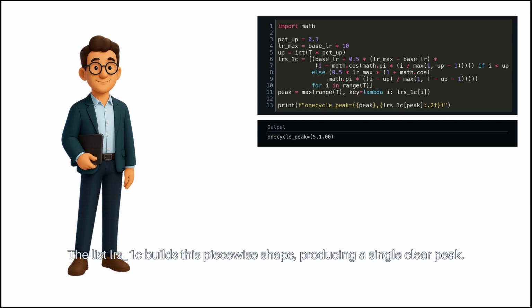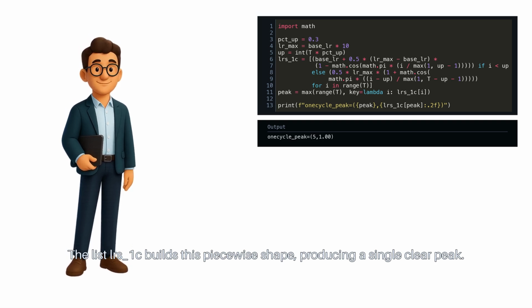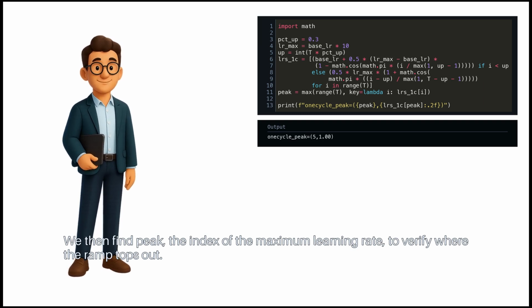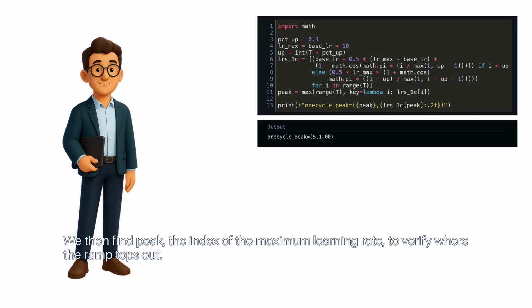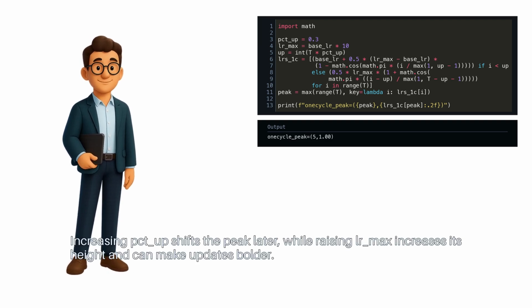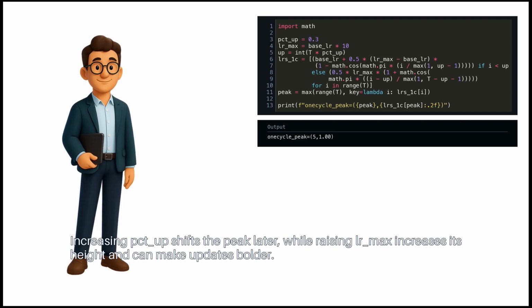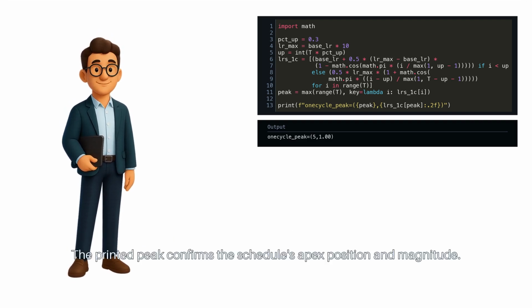The list LRS1C builds this piecewise shape, producing a single clear peak. We then find peak, the index of the maximum learning rate, to verify where the ramp tops out. Increasing PCT up shifts the peak later, while raising LR max increases its height and can make updates bolder. The printed peak confirms the schedule's apex position and magnitude.